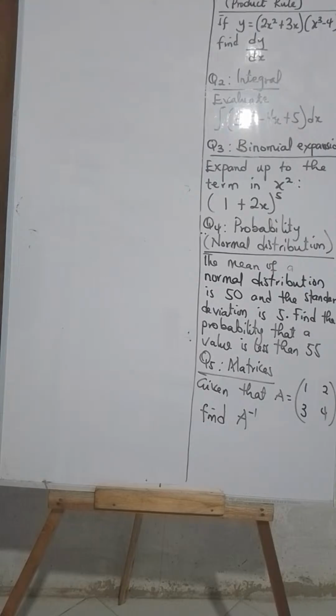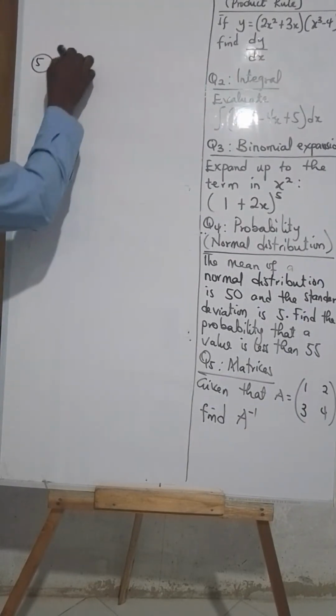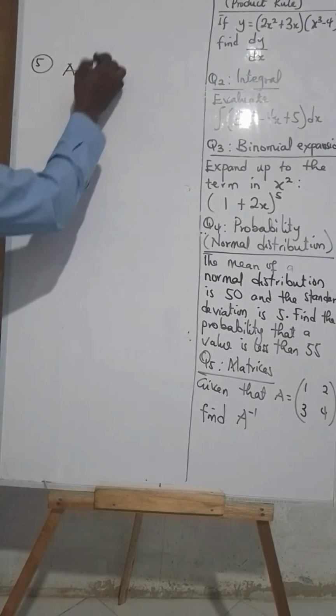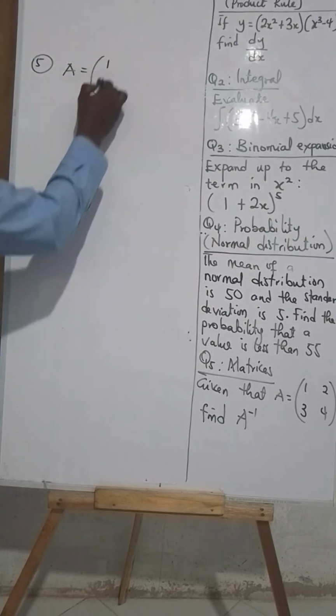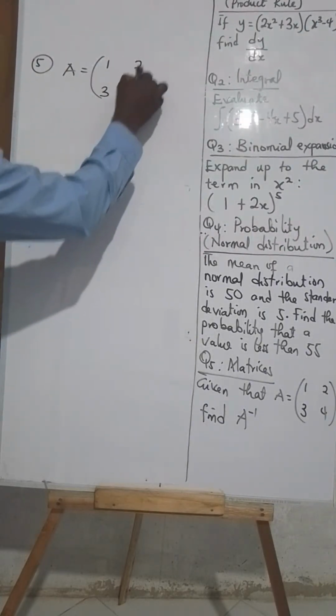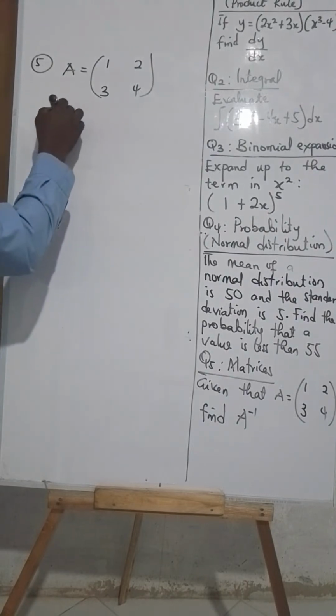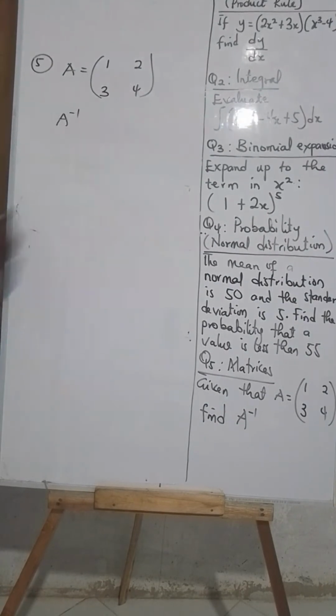We are given that A equals 1, 3, 2, 4. We are saying we should find the inverse of A.